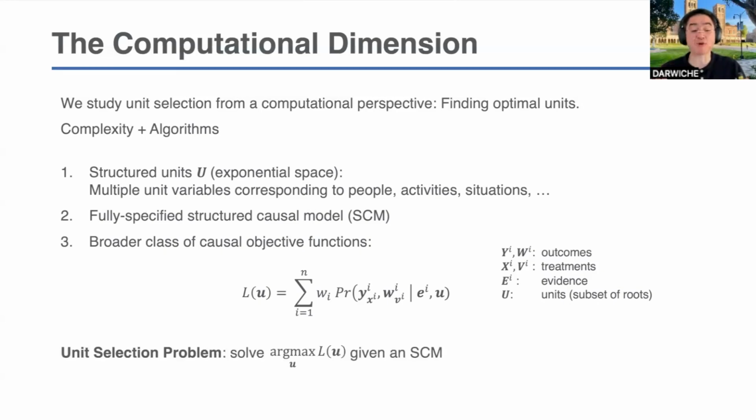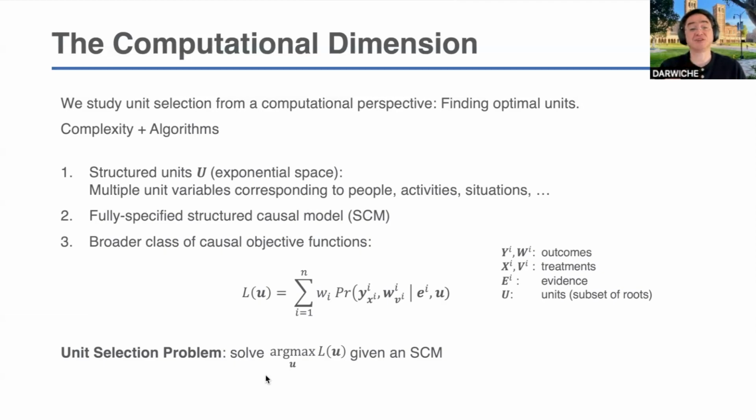So the problem we're treating now, I can define it formally, is the following. Assuming you have a structural causal model, and then a user comes and writes a causal objective function in the following form, then the problem that we're treating is to solve this optimization problem. Find me units. Find me instantiations of the variables, the unit variables. We call these the unit variables.